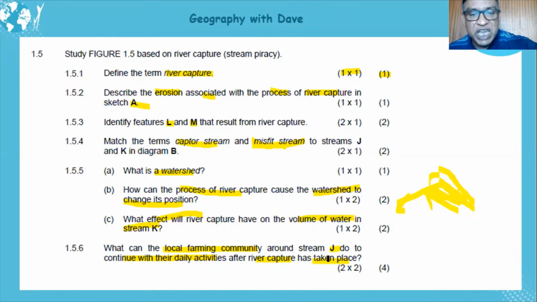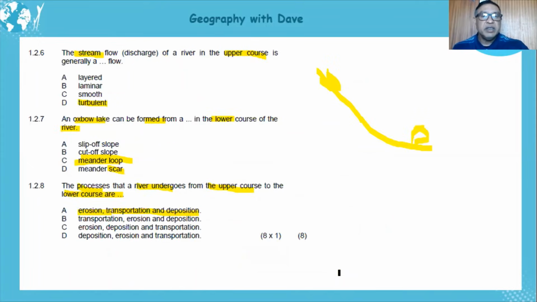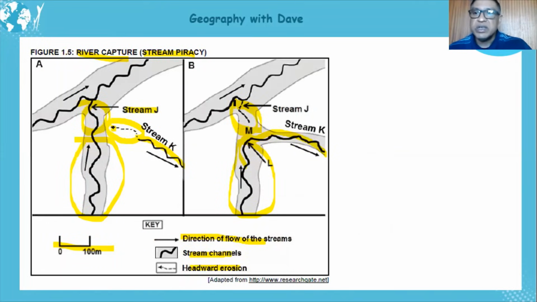First, we look at J, right? We know J lost water. That's how we answer it. We don't start looking at other challenges, that it takes time to have a river capture, but at that time people would have adjusted. We look at what the question wants and how we answer it. Can you see the importance of strategies? We don't start debating issues while we're writing an exam. We look at how we can best answer the question. So when we look at this question, we know J has lost water. Can you see it?